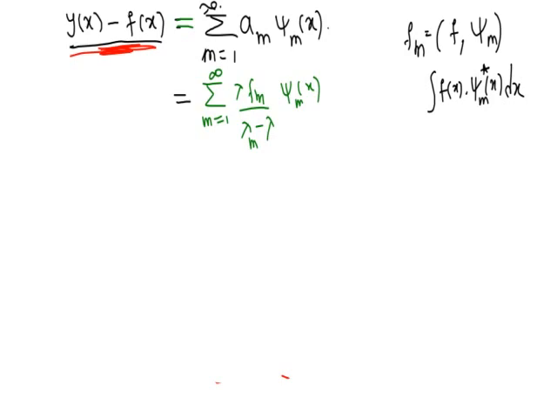Fm is the Fourier coefficient for the function f(x). How do we calculate Fm? It is the inner product of f with xi_m, so the integral of f(x) times xi_m star of x, meaning the complex conjugate, dx. This expression is the formula for Fm.